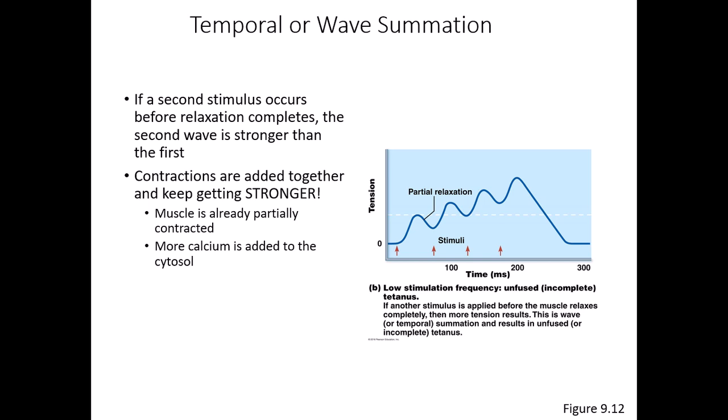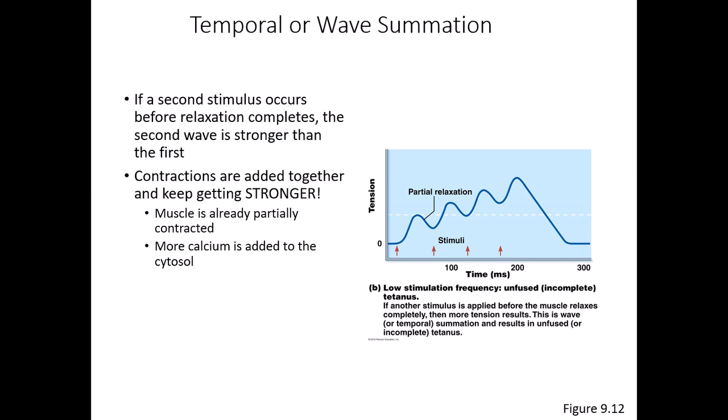And then the other consideration is that, remember what happens during relaxation, the calcium is going to be pumped back into the sarcoplasmic reticulum for storage. But if that process is interrupted by another stimulus, then there's already still a bunch of calcium available to bind to the troponin, to cause the tropomyosin to shift, to expose the myosin binding sites, and therefore allow more cross-bridge formation, which is going to be a stronger contraction.